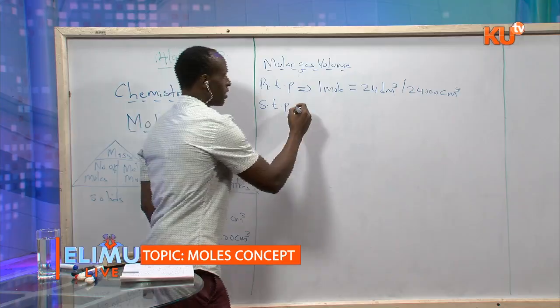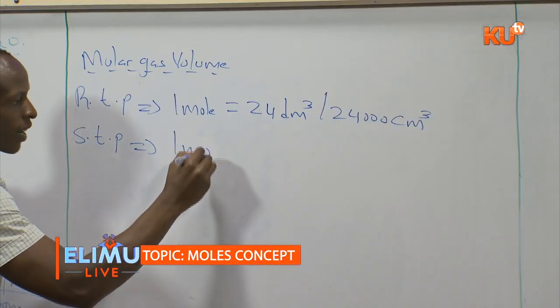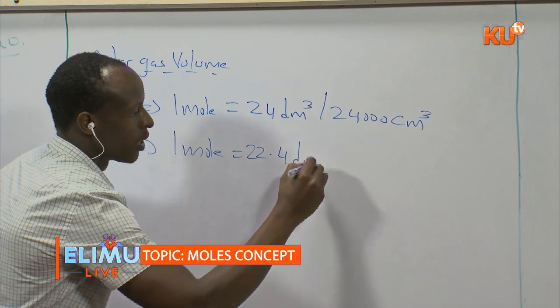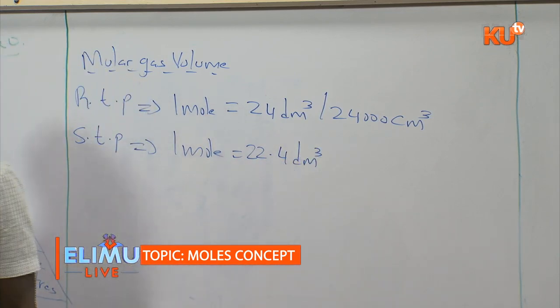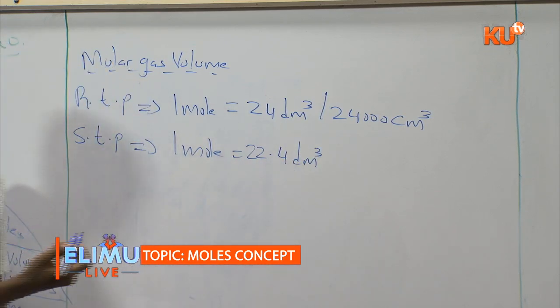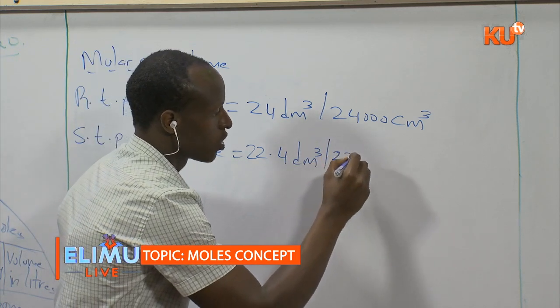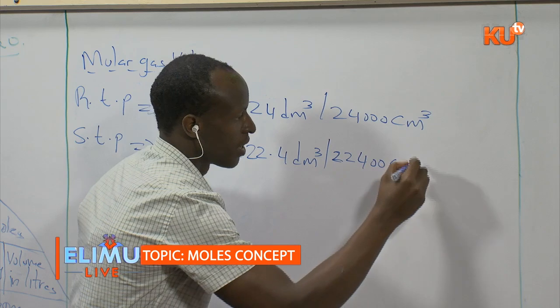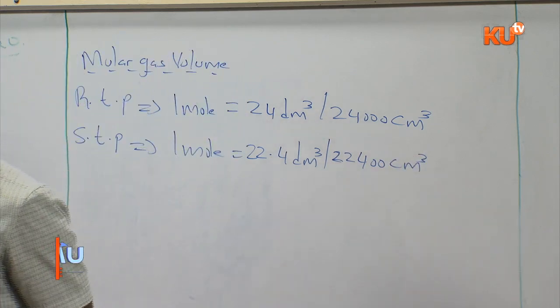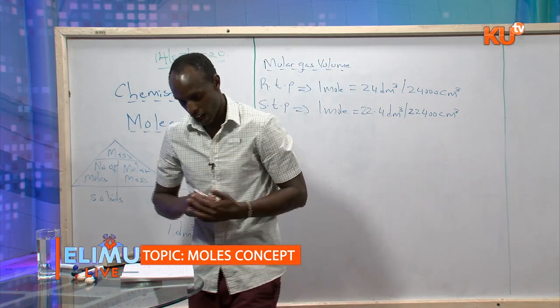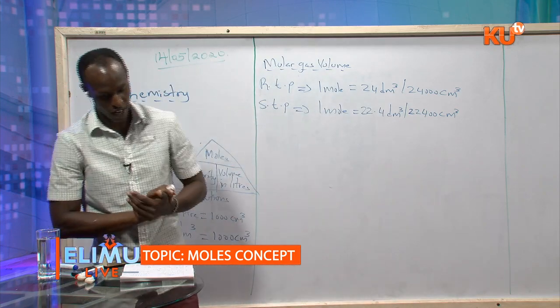At STP, 1 mole of a gas has a volume of 22.4 dm cubed, the same as a liter, which is 22,400 centimeter cubed.